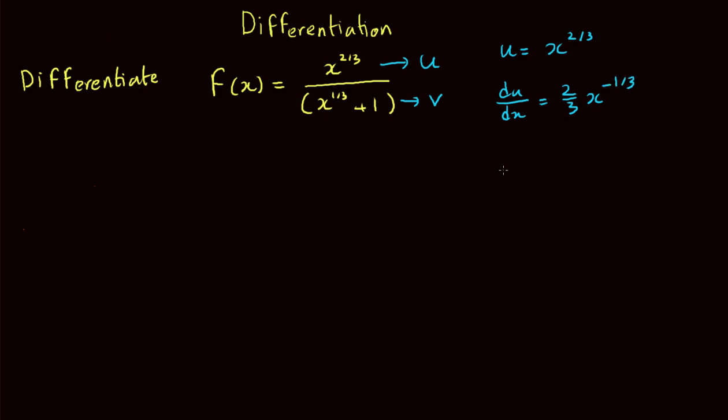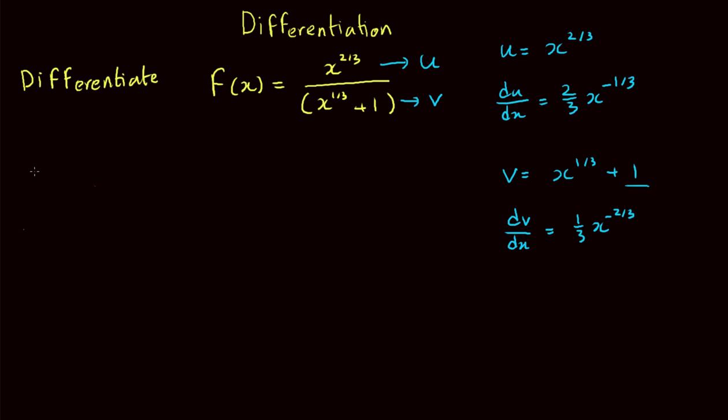For v, it's simply x to the power of 1/3 plus 1, so dv dx would be 1/3 x to the power of 1/3 minus 1, giving negative 2/3. The plus 1 will not be counted, so we don't really care about it.